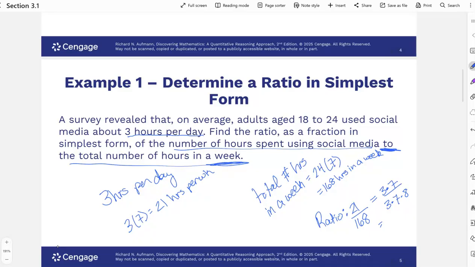So I just broke it down into what I can multiply 168 by. You can see how those 3's are going to reduce and those 7's are going to reduce. So we're going to be left with an understood 1 in the top and then 8 in the bottom. So our ratio here is going to be 1 to 8.